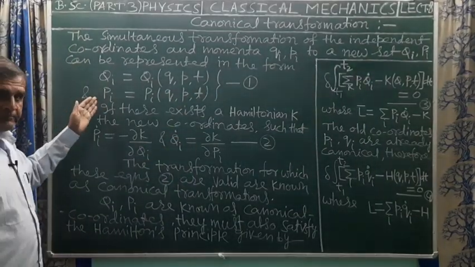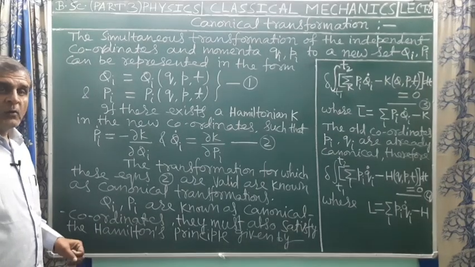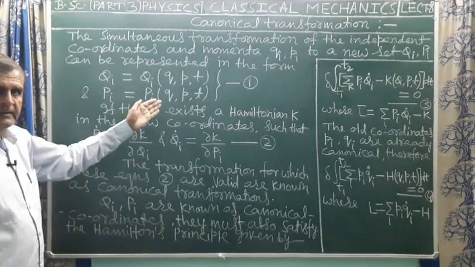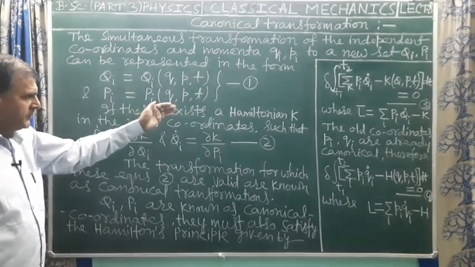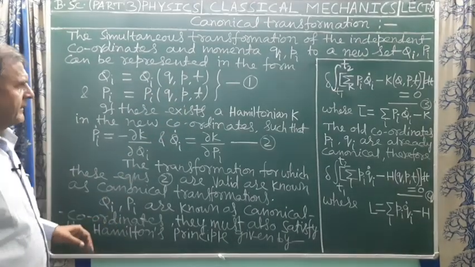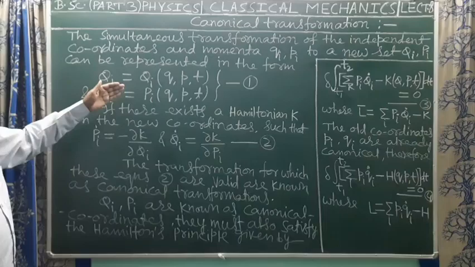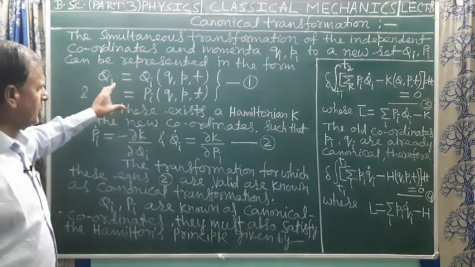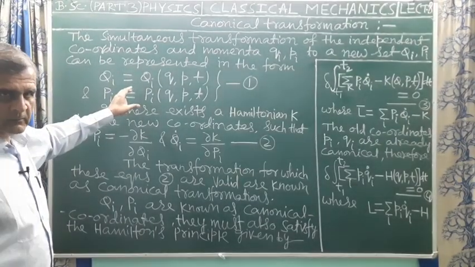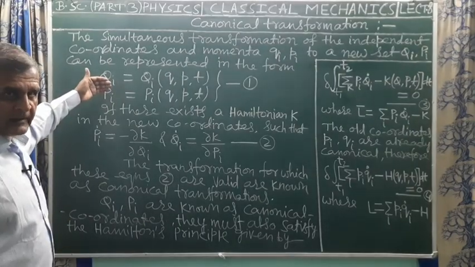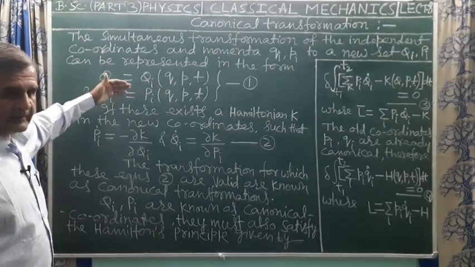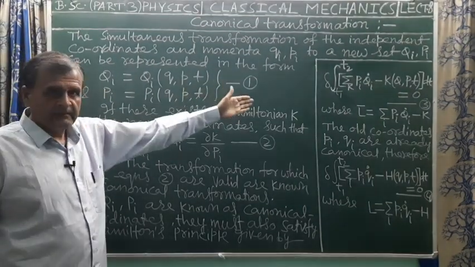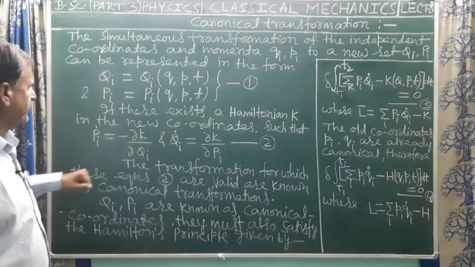And capital Pi, the momentum coordinate in the new coordinate system, is a function of small q, small p, and time t. Both sets of transformation equations, for the position coordinate Qi and the momentum coordinate Pi in the new coordinate system, are represented by a single equation, equation number 1.